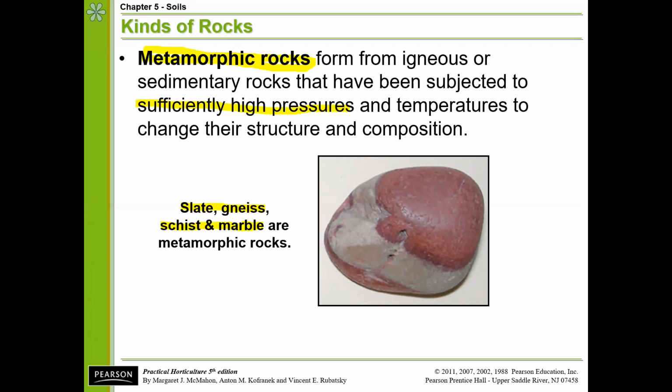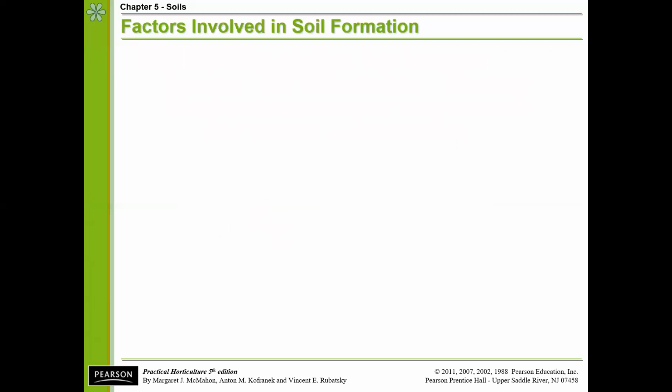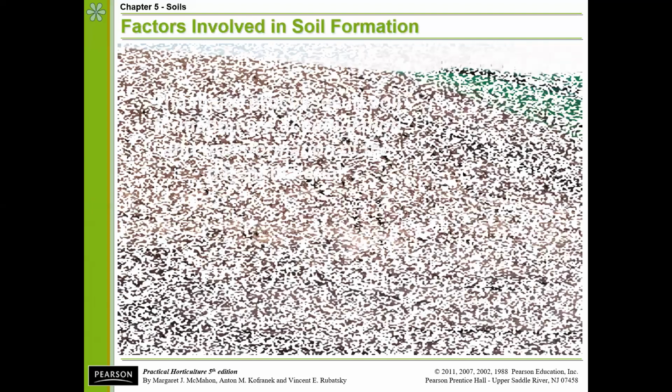So rock, parent material, is the first thing I think of anyway as determining a soil type. But we go back to all of these different processes in both accumulating and then transforming that parent material and turning it into soil over thousands and in some cases even millions of years.